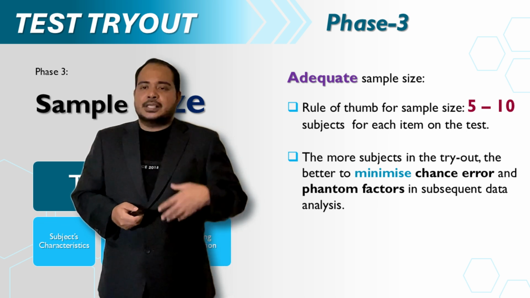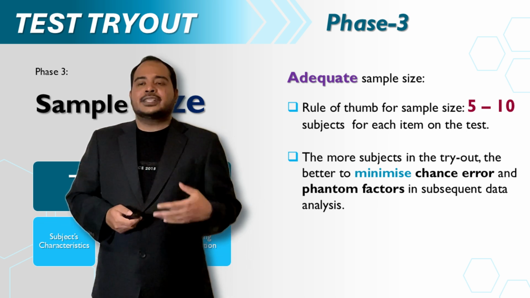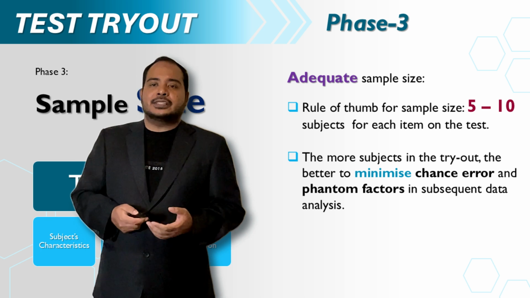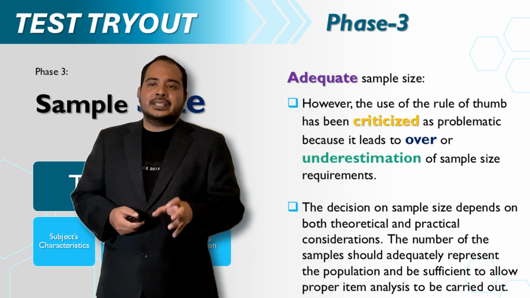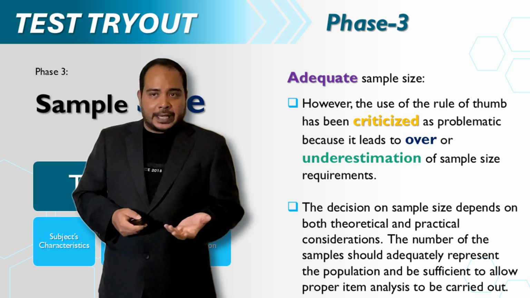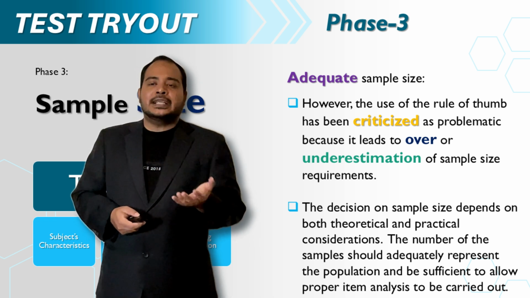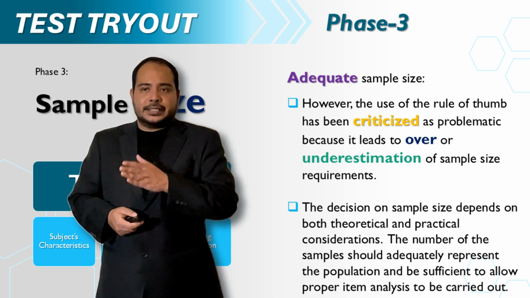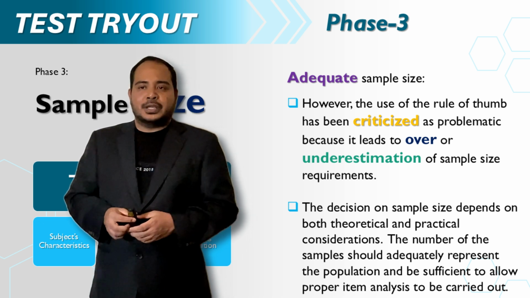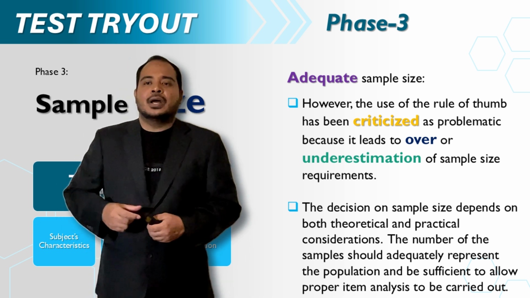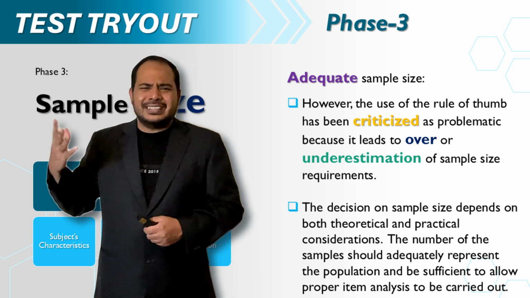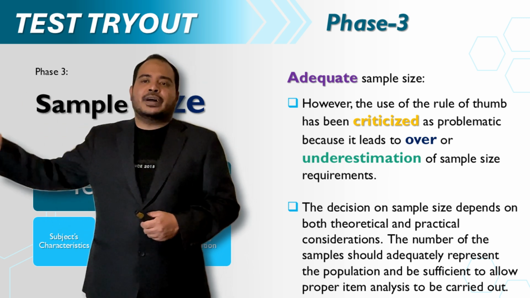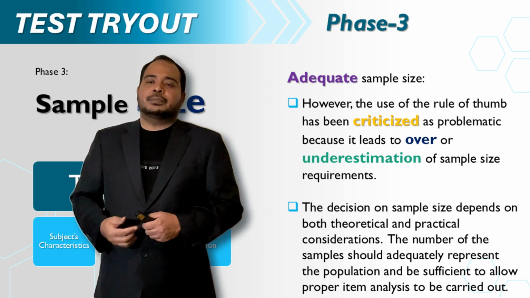So researchers and test development experts always encourage us to find more participants. But the application of the rule of thumb has been criticized because it usually leads to overestimation or underestimation of sample size requirements. Overestimation means that it actually requires only 100 data, but we go and find 300 data, for example.